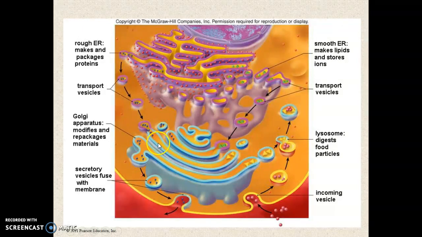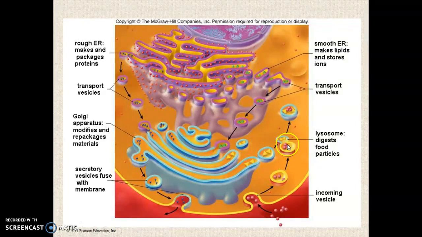Possibly more modification here, concentration into larger vesicles, that then transfer over to the cell membrane and fuse with the cell membrane to export that product. A good example would be a cell in the pancreas producing insulin for export. The smooth ER has a different function, making lipids and carbohydrates.